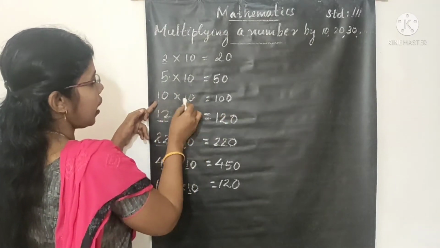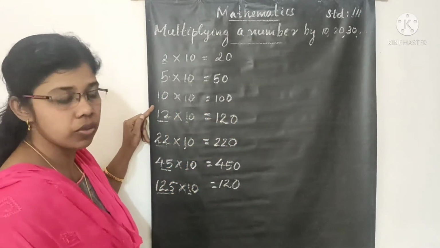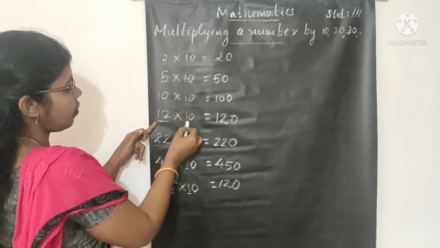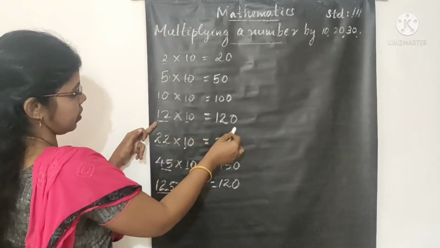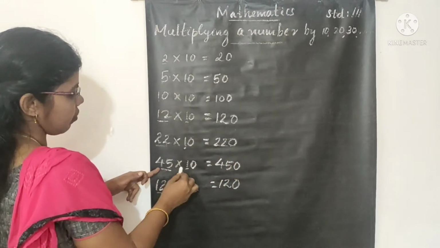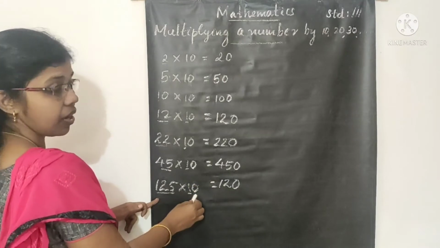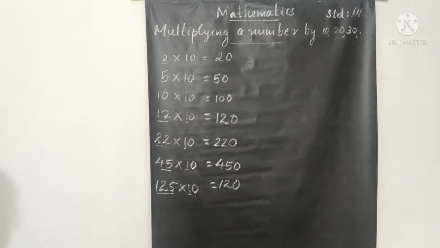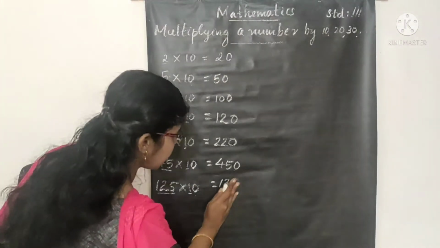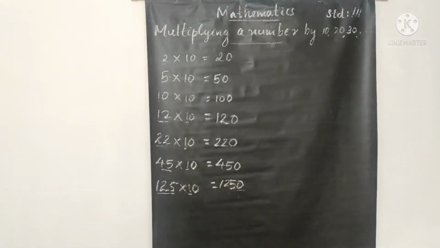That 1 and how many zeros here? 2 zeros. So that 1 and 2 zeros. 12 into 1 is 12 and put 1 zero. 22 into 1 is 22, put 1 zero. 45 into 1 is 45, then put that 0. 125 into 10, that is 125 and 0.